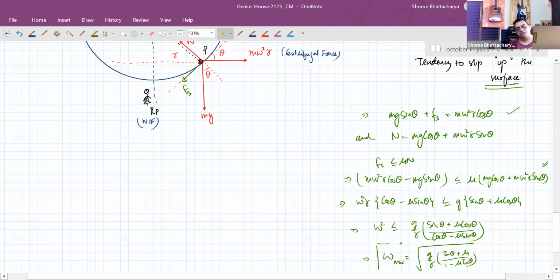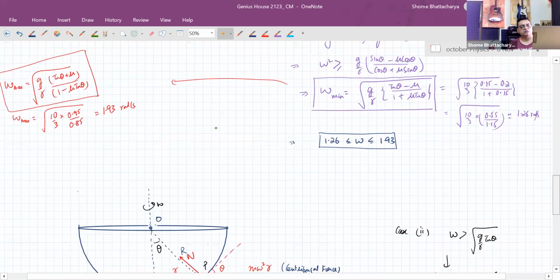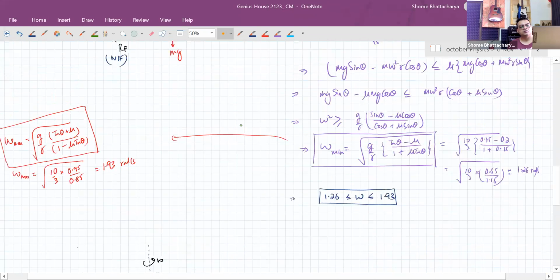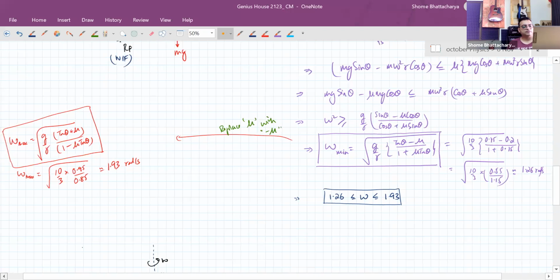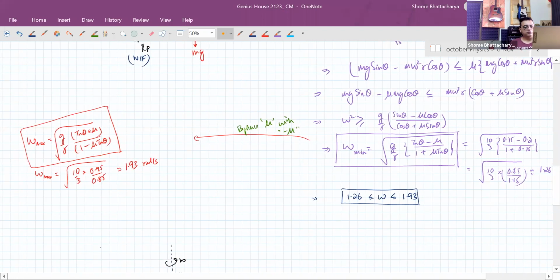You see, this final thing that we get is the same thing as just replacing the mu in the other limiting case with a minus mu. So you reverse the direction of friction. That's a little trick from limiting friction type of questions, so you can avoid making that whole FBD and analyzing the whole thing again.